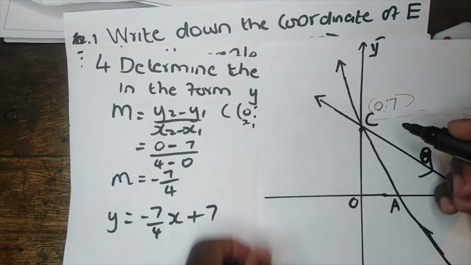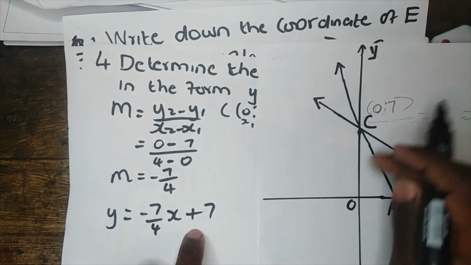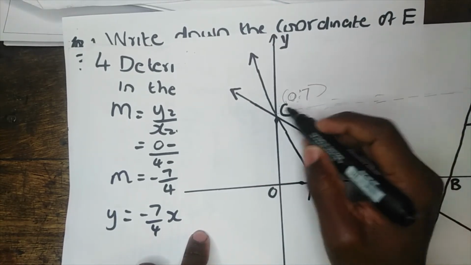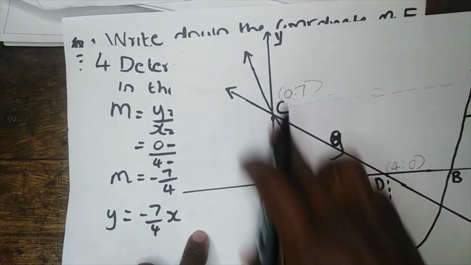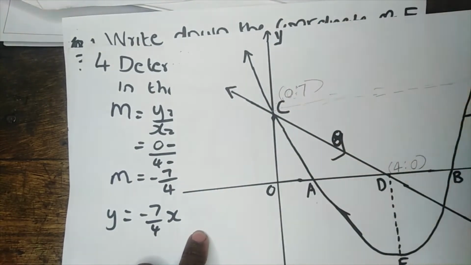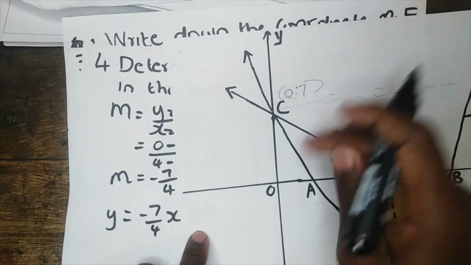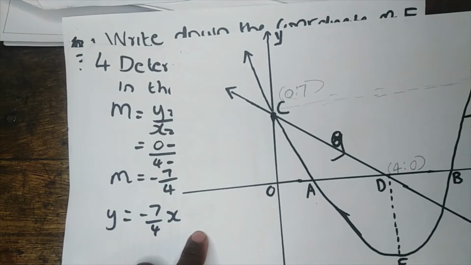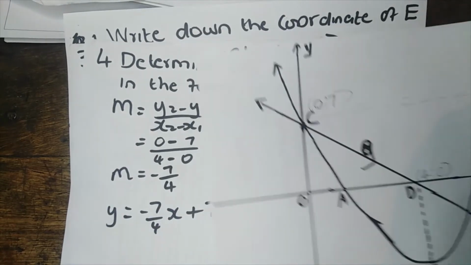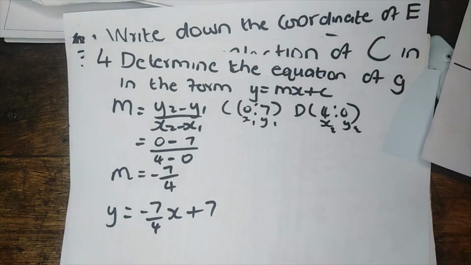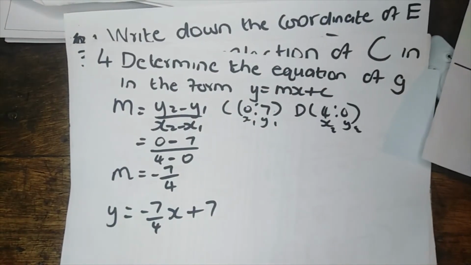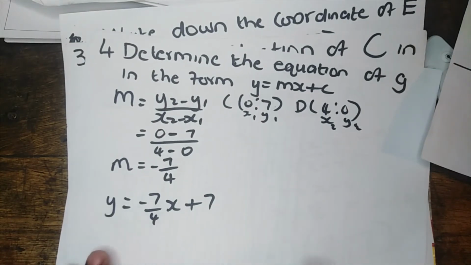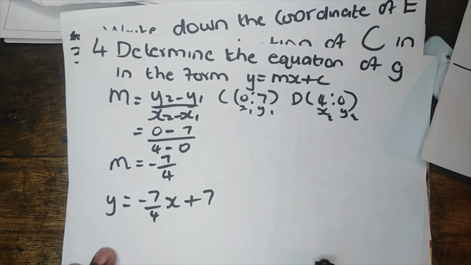Our 7, when you look at the coordinates and solve, we substitute x with 0, and we are left with 7. So the point 7 is the y-intercept. Understand? Hope you guys understand. 7 is the y-intercept. So the equation H is y equals negative 7 over 4 x plus 7.